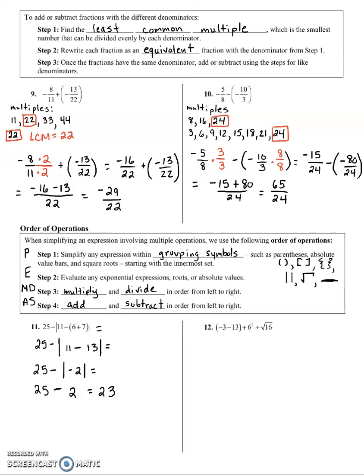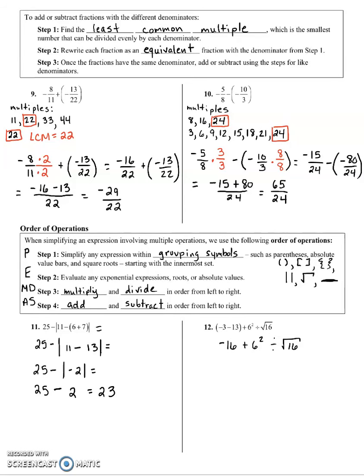Negative 3 minus 13 is negative 16. Then we still have the plus the 6 squared divide by the square root of 16. Notice I didn't do anything with that yet because even though the square root's a grouping symbol, there's nothing to simplify underneath it. 16 is already just a number.